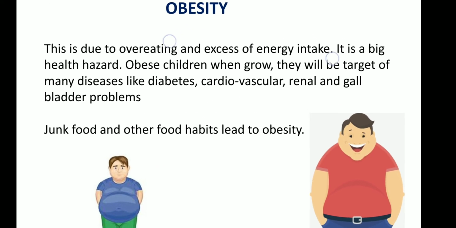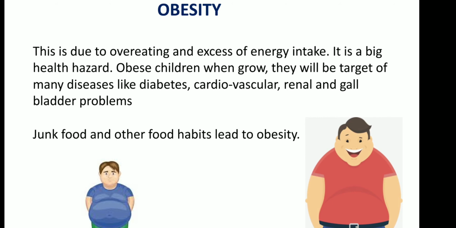Now next is obesity. This is due to overeating and excess energy intake. Nowadays, obesity is a big health hazard. Obese children, when they grow, will be the target of many diseases like diabetes, cardiovascular diseases, then renal, that means kidney, and gallbladder diseases.